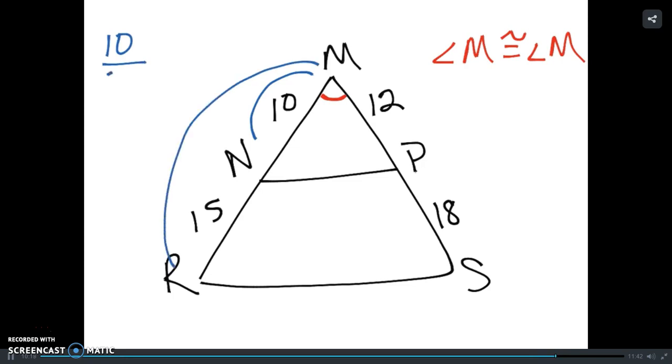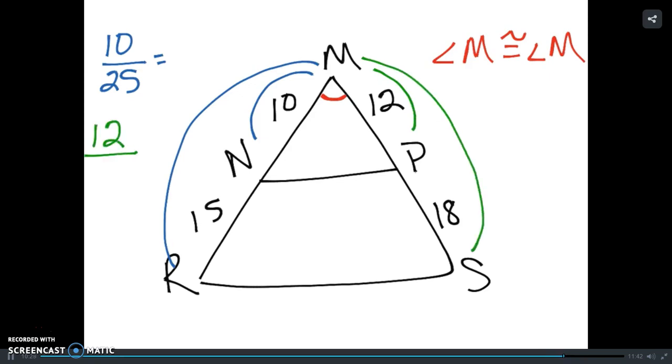So I have to add 10 and 15 together, so that is 25. Then I'm going to do the same thing on the other side. So I have MP, which is 12, and I have MS, which is 12 plus 18, which is 30. And I'm going to reduce both of those.